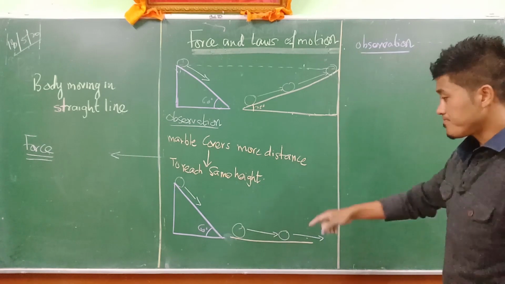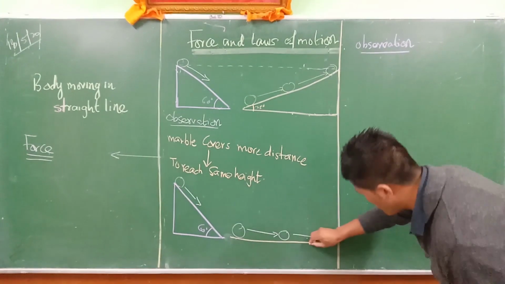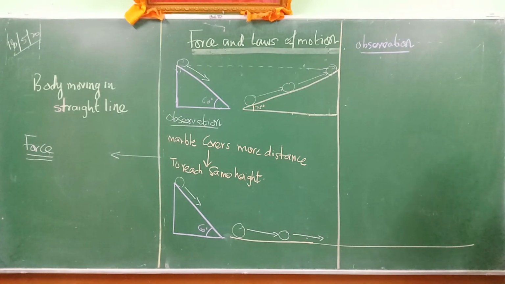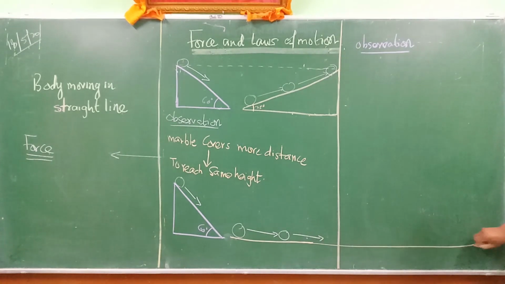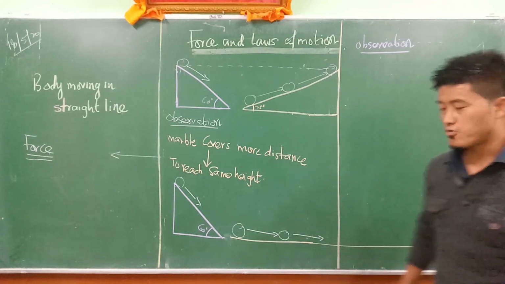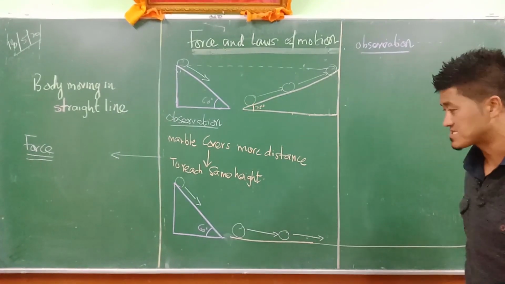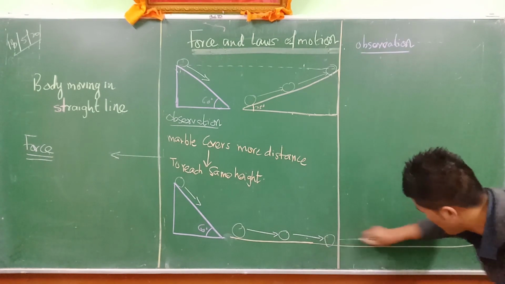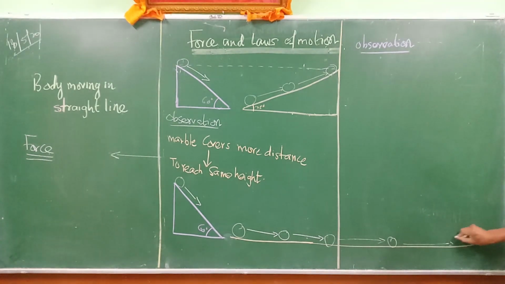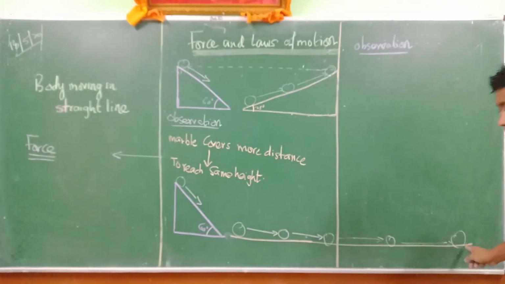Now in this case, let's suppose imagine it's going to be somewhere over here. You are sure, right? You are sure that if we do this in a practical lab also, we will see the same kind of result here. In this way, it is going to cover a lot of distance here. We know that it will travel and travel until the frictional force stops this particular ball at a certain point.